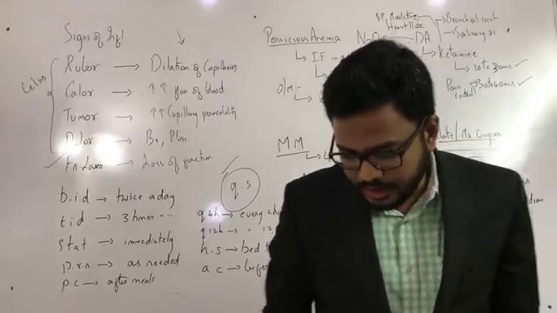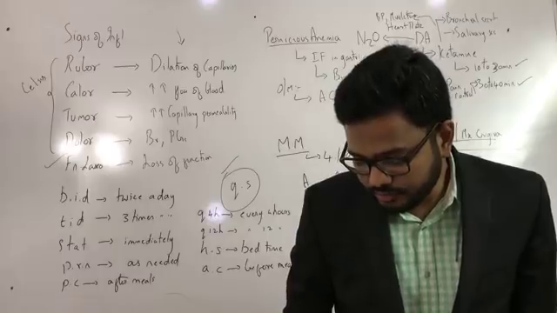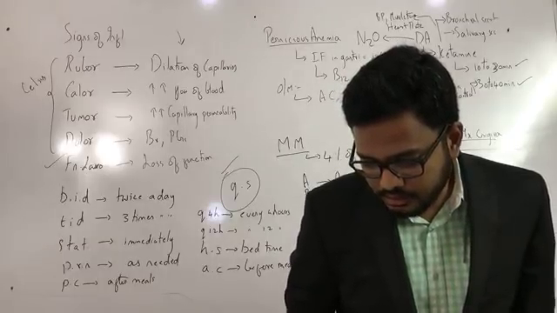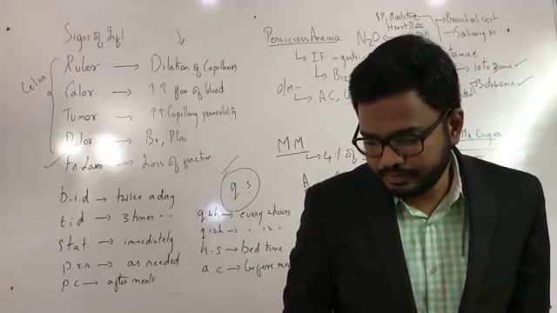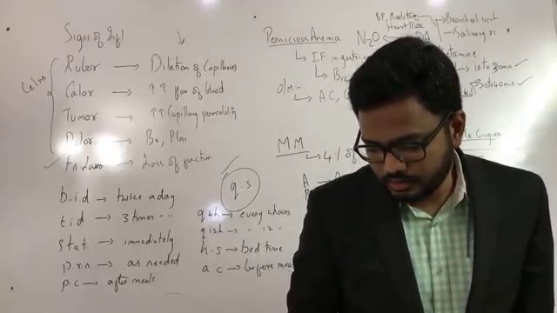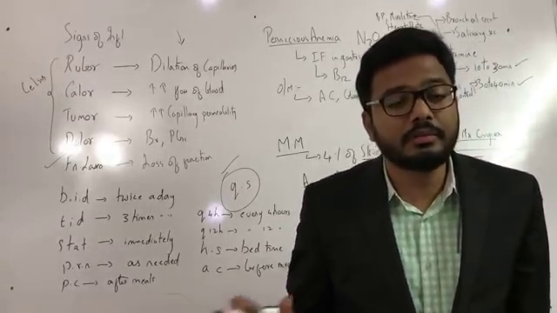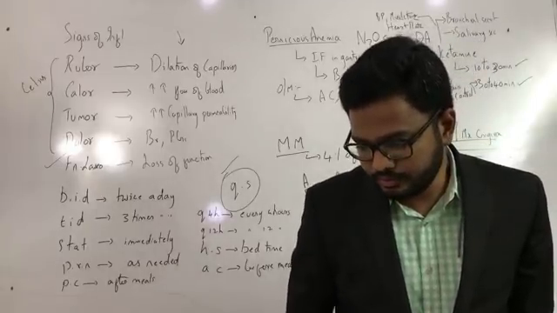So von Willebrand's disease is an inherited autosomal dominant disorder because of deficiency of glycoproteins, which are essential for platelet aggregation. So platelet plug is seen because of this von Willebrand factor. This glycoprotein is called as von Willebrand factor.